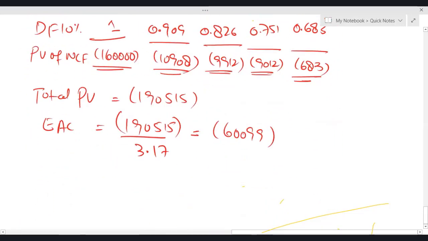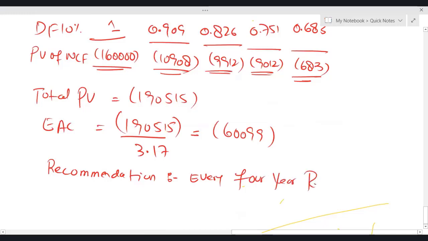Every 4 years is cheaper. So recommendation is every 4 years. Replacement cycle is cheaper. So organization should go for every 4 years.